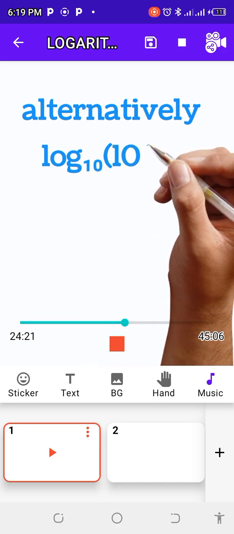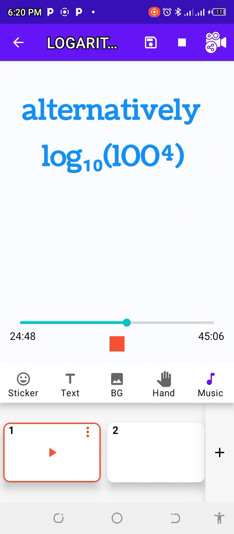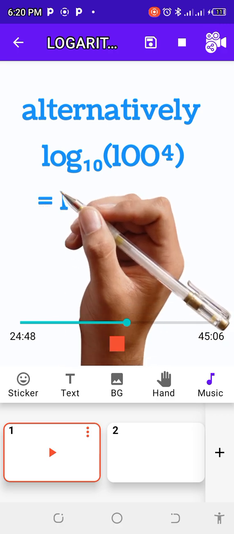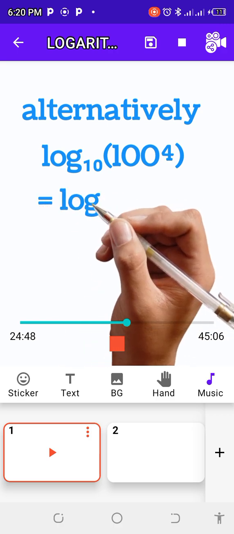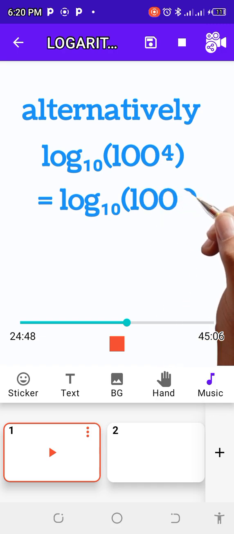Log 100 million base 10, because you now have 100 raised to the power what? 4, which automatically gives you log 10 raised to the power 8 base 10.